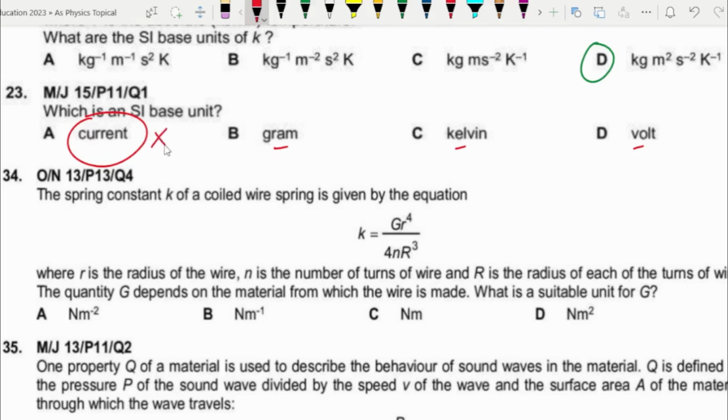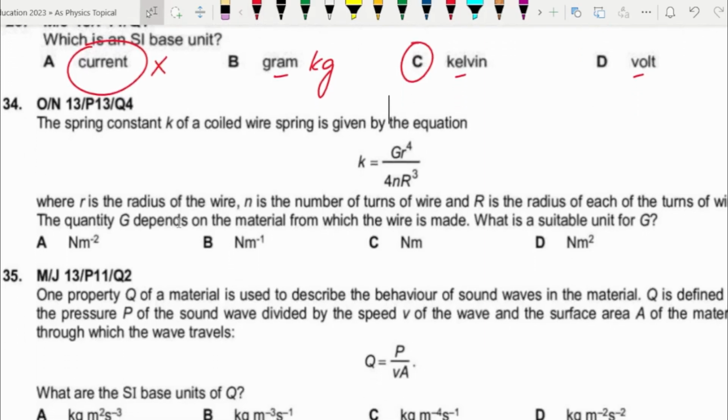So it is not a unit. ये तो वैसे ही out of the equation है. Kilogram is a standard unit for mass instead of grams. Voltage was not there in the table जिसमें हमने 7 base quantities या 7 base units discuss किए थे. Voltage was not there. Kelvin was there, which is named after the physicist, the chemist Lord Kelvin. He was an English physicist and chemist.